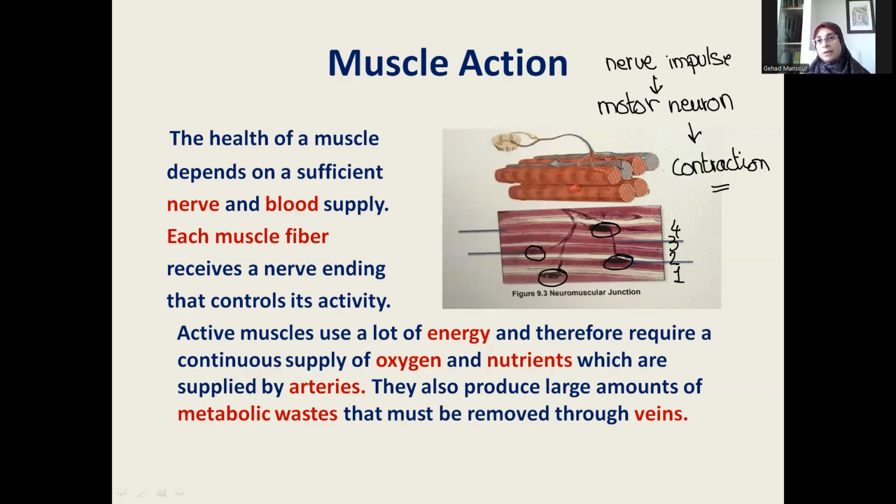And this is the process of cellular respiration. And after cellular respiration is done, there are waste products like carbon dioxide that are released, and those waste products should be removed by means of veins or the venous drainage of the muscle.